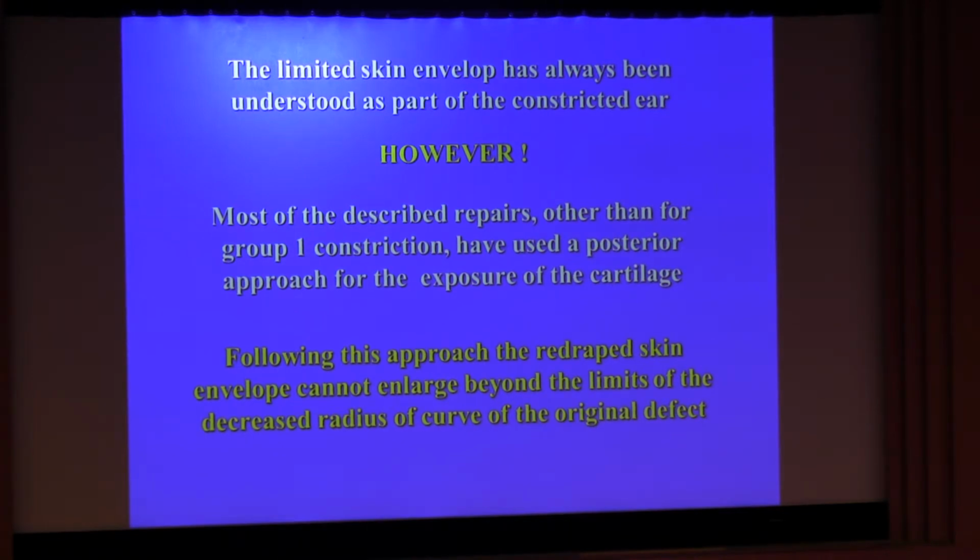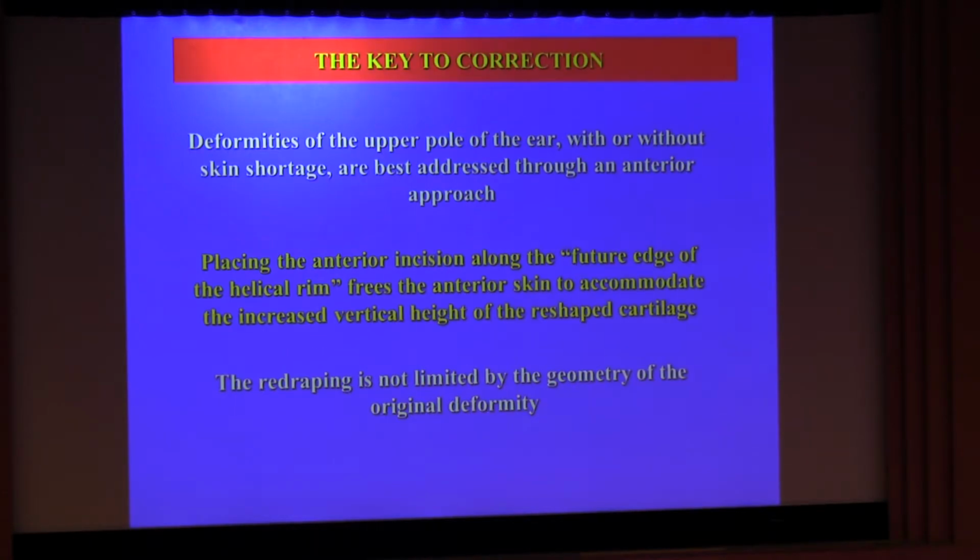Because even though it was recognized that the skin envelope was narrow or constricted and less skin than you needed, almost all the approaches were done through a posterior approach, lifting the skin off of the cartilage, skeletonizing it, then trying to change the shape of the cartilage and put that same skin back. If you do that, the skin cannot open up to the change in the shape that you've created with the cartilage.